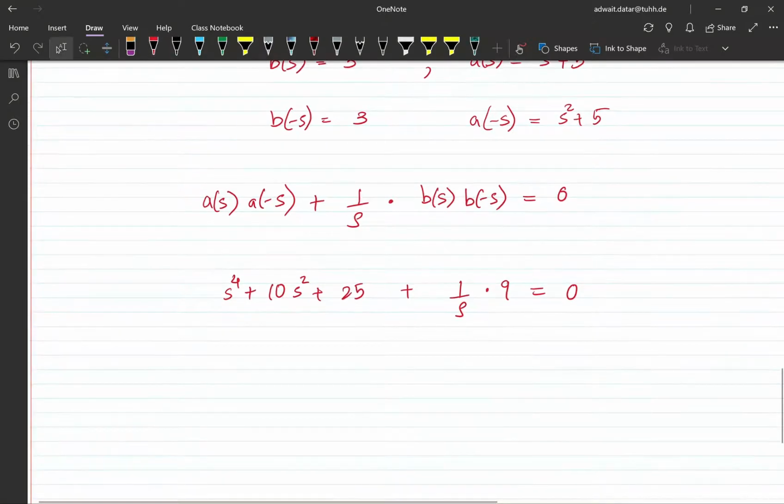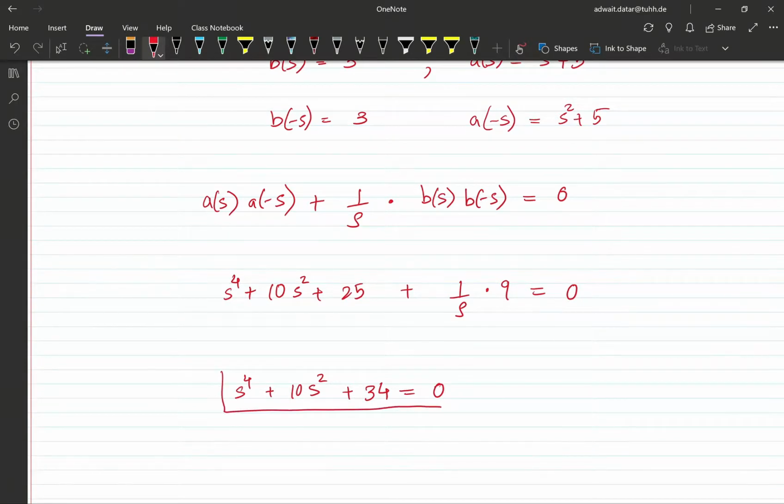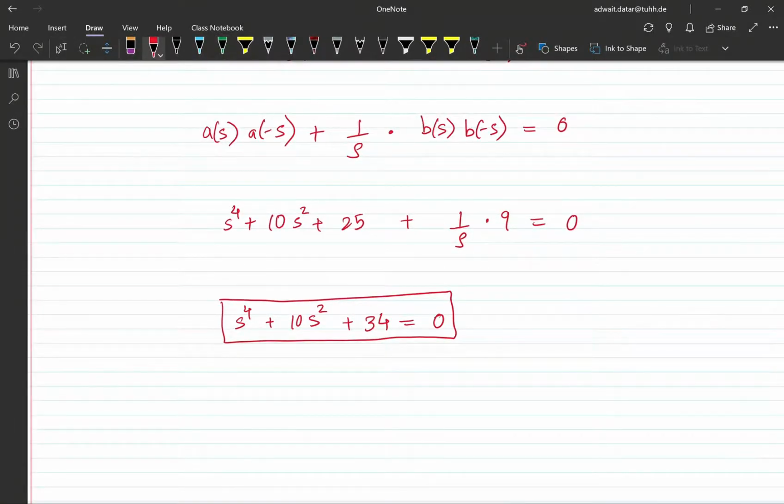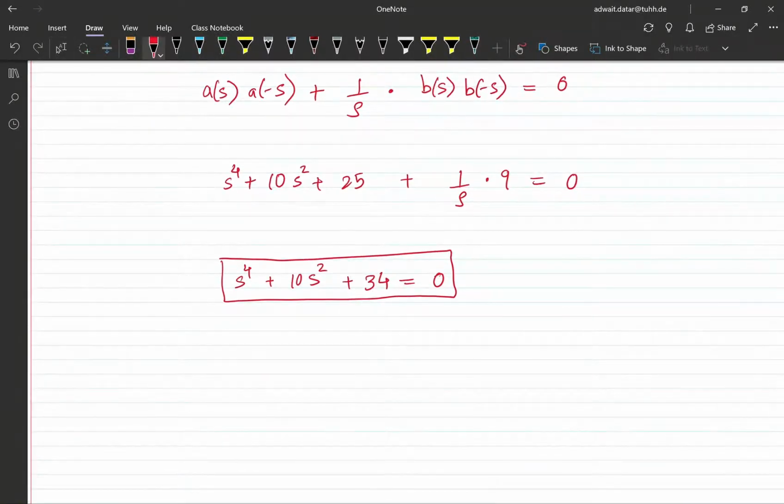Now note from the cost that rho is 1 because that's the factor multiplying the u squared term. So we have the fourth order polynomial given by this expression. And now we can solve for s. So we can get the roots of this equation, perhaps by using MATLAB.